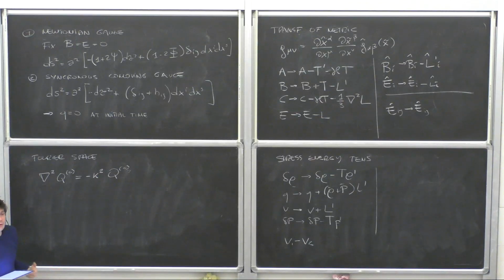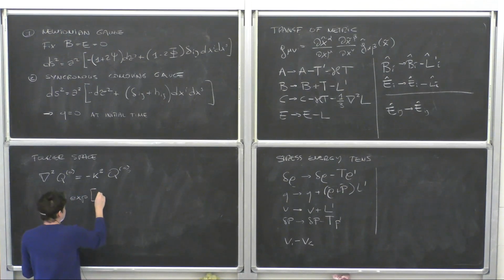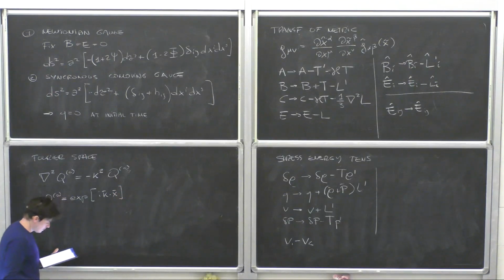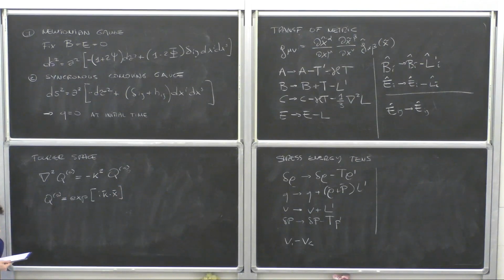In flat space, we know the solution for the basis functions of our Fourier transform. The solutions of these equations are plane waves, exp(ik times x). This is the solution when we have flatness. If we don't, it's much more complicated.